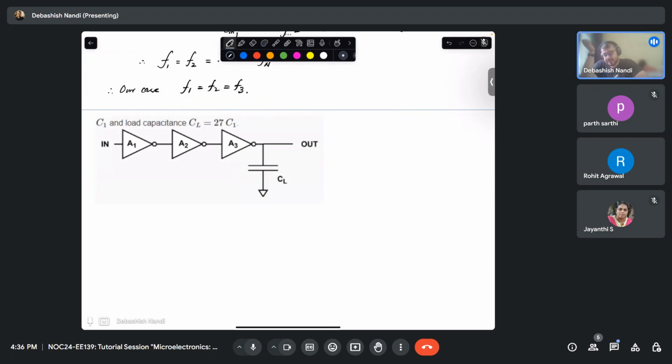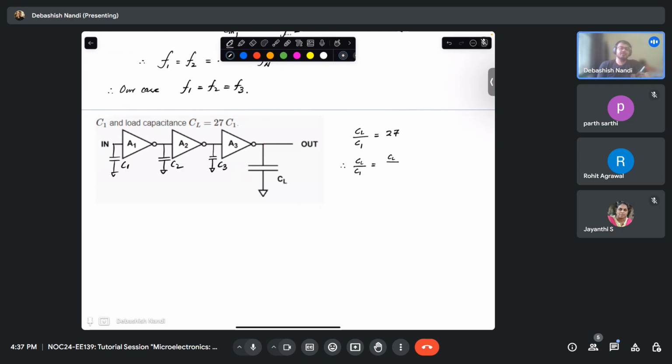So this is given as, your CL by C1 is given as 27, right? So CL by C1 is equal to, let's say this is C3, let's say this is C2, and this is C1.